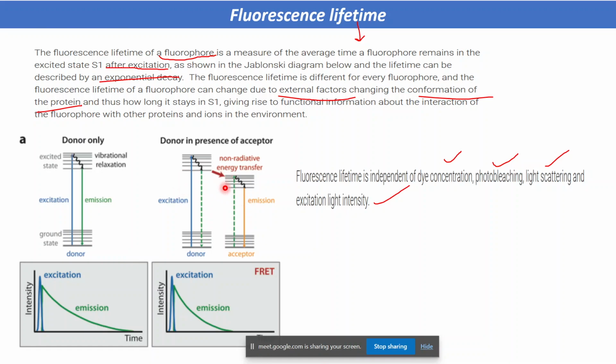That is what FRET is. Here there is a plot of intensity and time, in the presence of FRET with the acceptor molecule. So you have to remember that fluorescence lifetime is independent of the concentration, but it can change due to external factors like pH, etc.